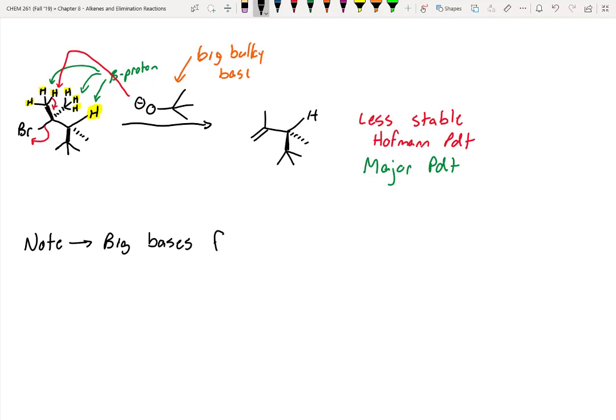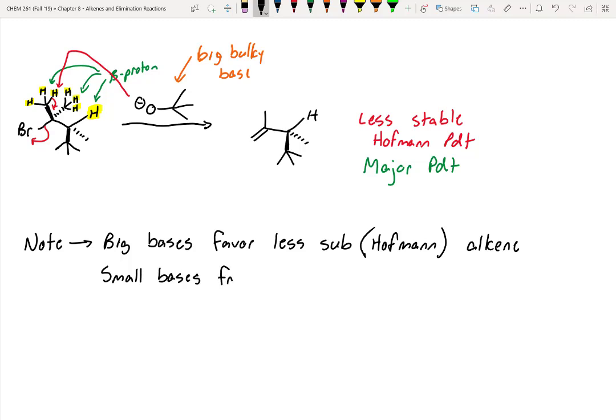Big bases favor the less substituted Hofmann alkene. Small bases favor the more substituted Zaitsev alkene.